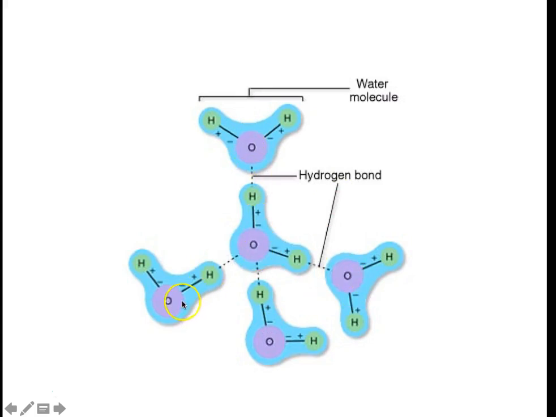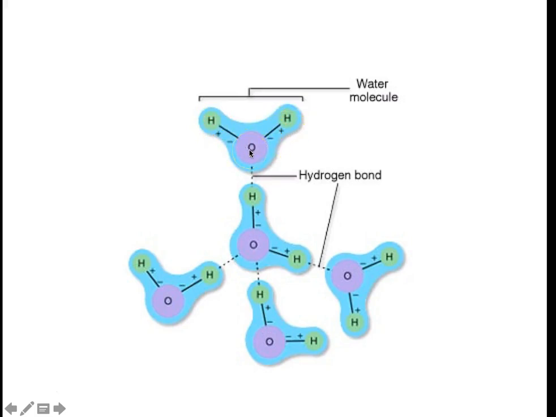Water, water, water. And as you can tell, between the H and the O, it's slightly skewed so that there's a slight positive to the hydrogen and a slight negative to the oxygen. So that's the positive here, the negative.